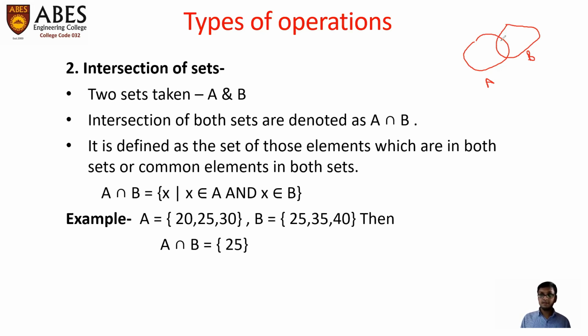So here this is the common area, and the common area will be covered. In this example only 25 is common, so we can write 25 in this area because this is the common area. So this is the Venn diagram representation of the intersection operation.